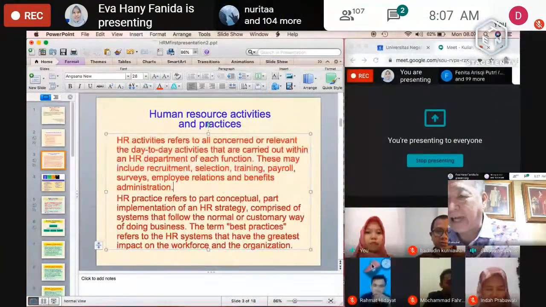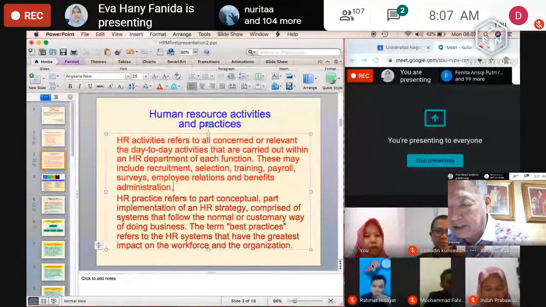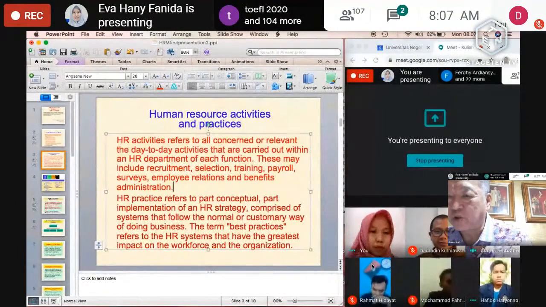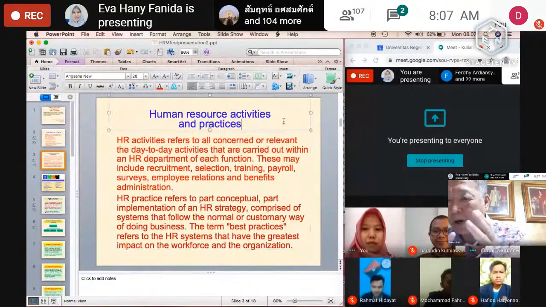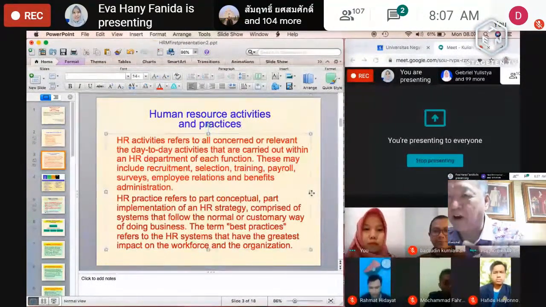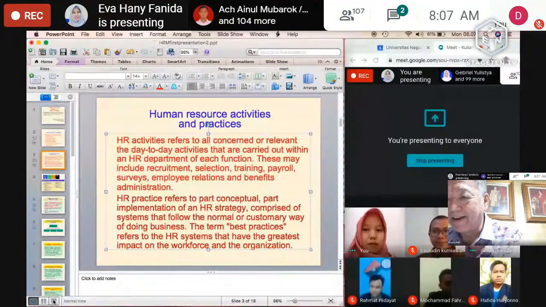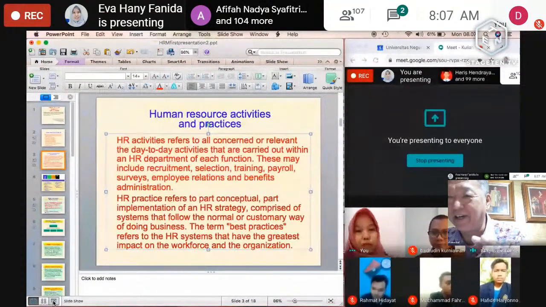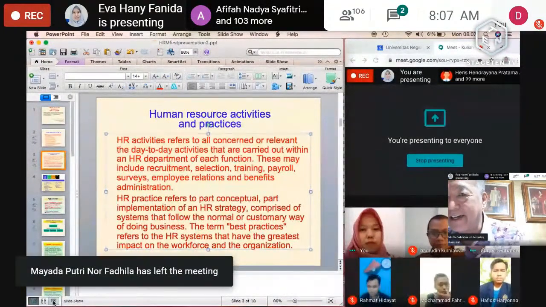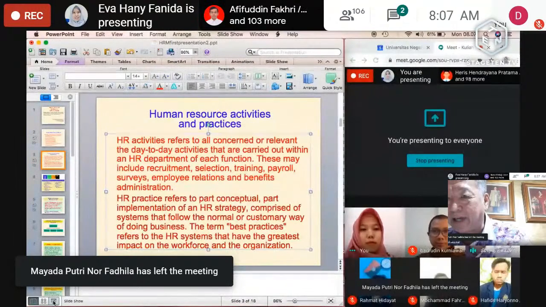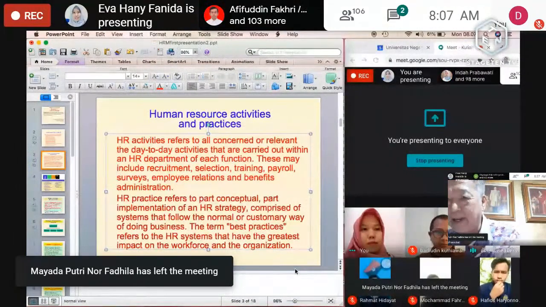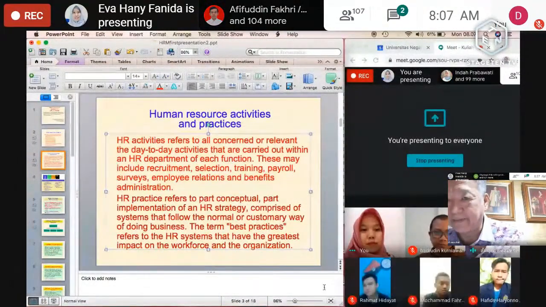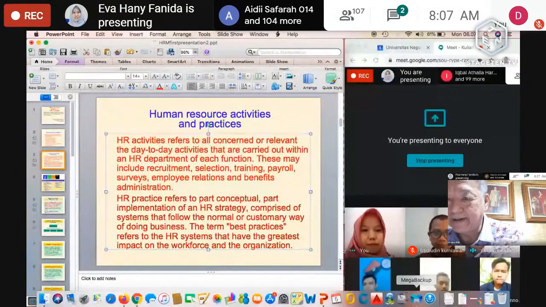So when I talk to my students, I try to explain to them how these words are different from each other. And this might be different from other scholars, but it's okay. If you agree or you don't agree with me, we can share the idea. So right now, I try to talk about two more words, activities and also practices.